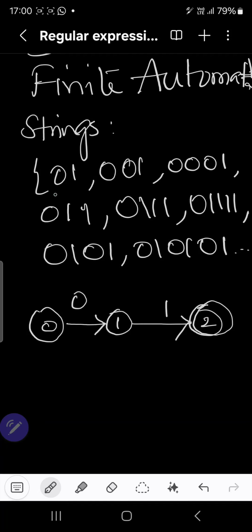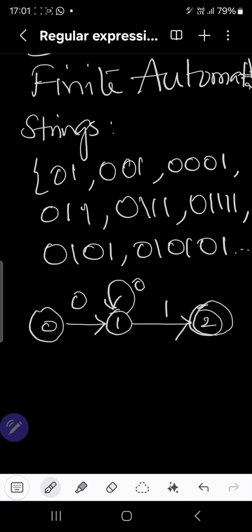Now we'll try to see whether the second string is also able to be represented by this DFA. The second string is 001. First 0 is there. Second 0 is not there. 1 is there. So what can we do? We can have a 0 in the middle. So we can write 0, 0, 1.